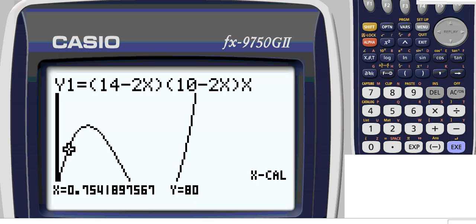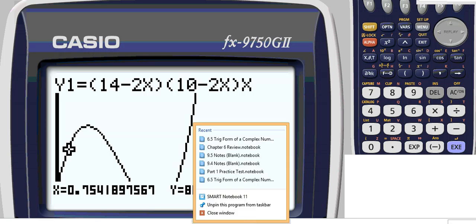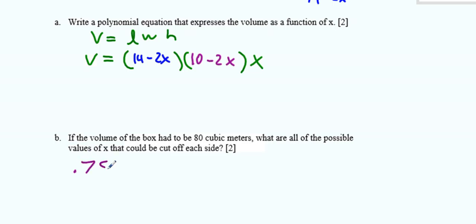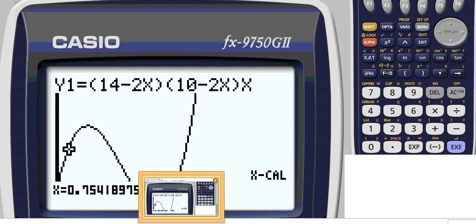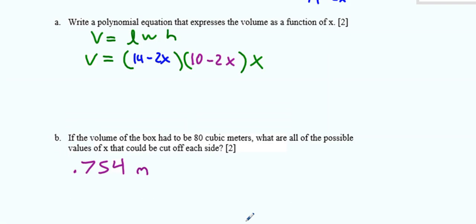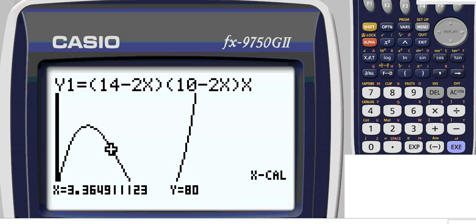First one's 0.754. Our next answer is 3.365. And there's one more answer here of 7.88.